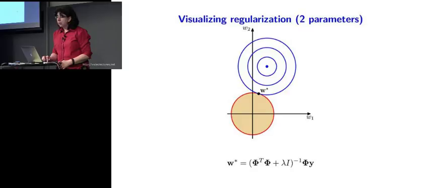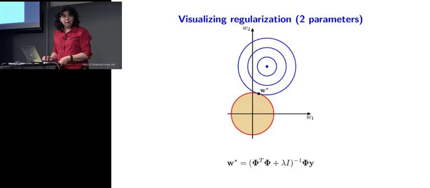More precisely, it's like 1 over lambda. So, if lambda is very big, the circle really shrinks, and I really want my weights to be close to 0. So what we're going to do, if we have no regularization, is to optimize for this quadratic, which means we descend the bowl and we're going to find the blue point here.